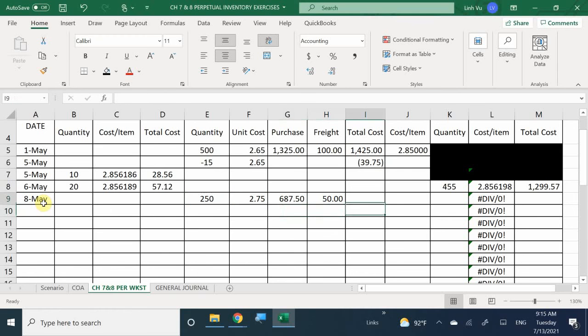Plus my freight. 737.50. In this case, do I need to calculate my cost per item?